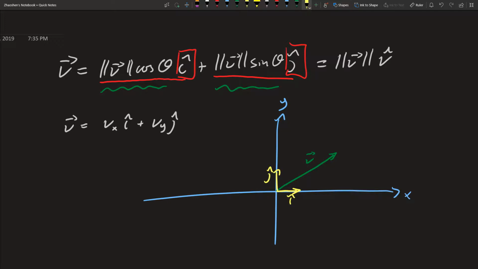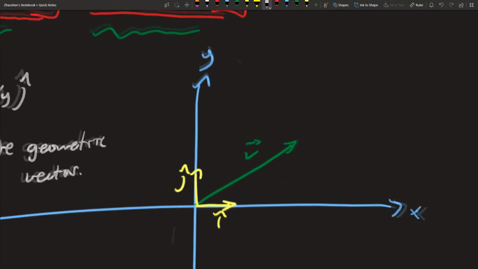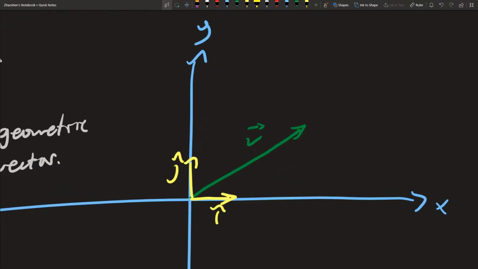Remember from the first video, we said that the magnitude of a vector is equal to the length of the geometric vector. Now, I drew my vector starting from the origin, with its tail at the origin, until some point. For example, this point looks like 3, 2.